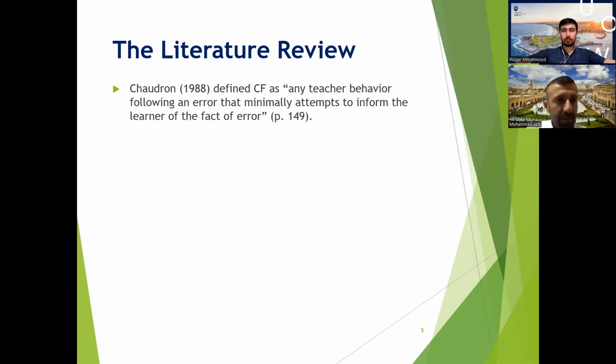The examples given here tell us the definition of CF, corrective feedback, or CF as defined by Rodran, 1988: any teacher behavior following an error that minimally attempts to inform the learner of the fact of error.